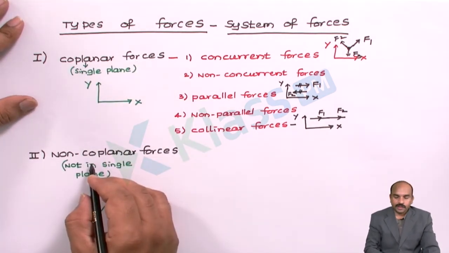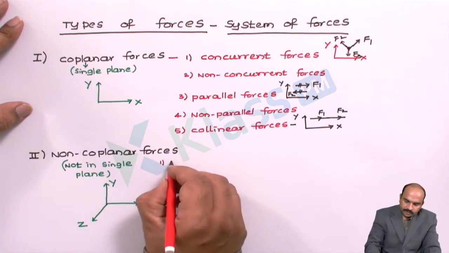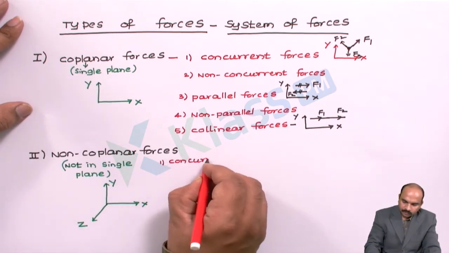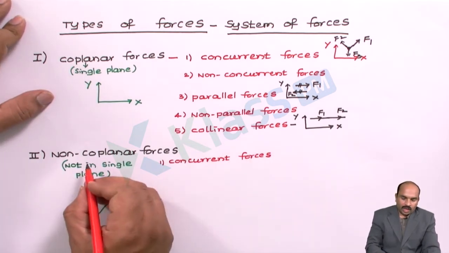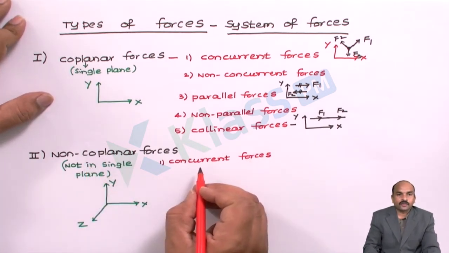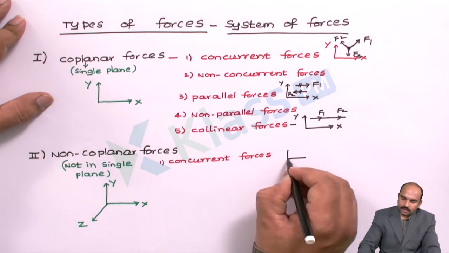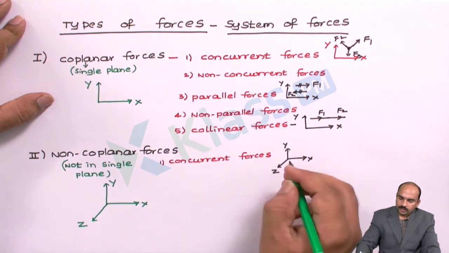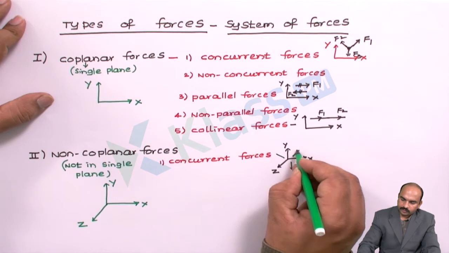Now let us see the non-coplanar forces. So one is concurrent forces. Non-coplanar concurrent forces means the forces are in different planes. So there are forces F1, F2, F3.